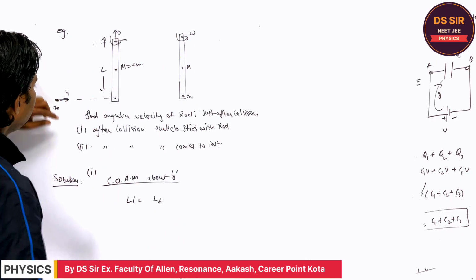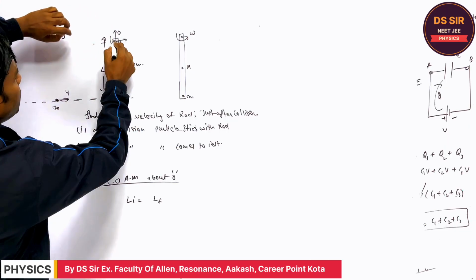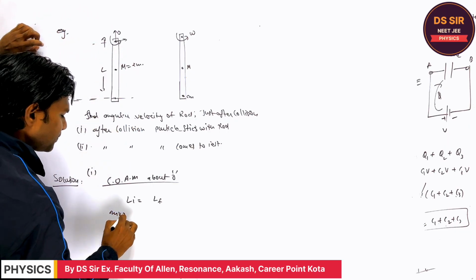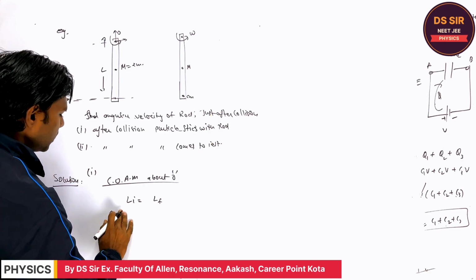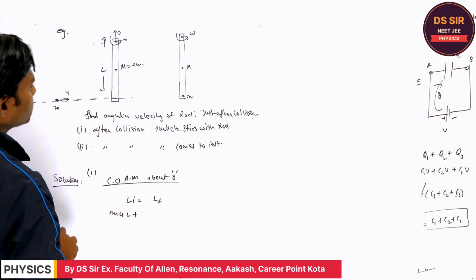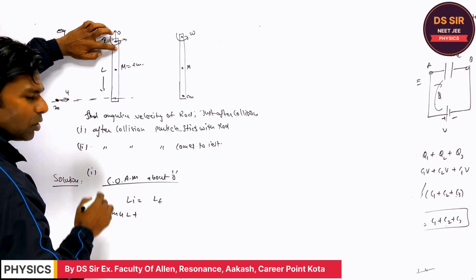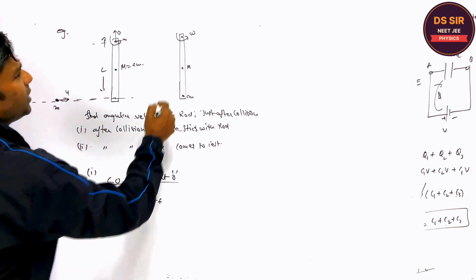What is the initial angular momentum about O? The initial angular momentum is mvr, m into u, and the perpendicular distance is L, plus the angular momentum of the rod initially, which is 0.